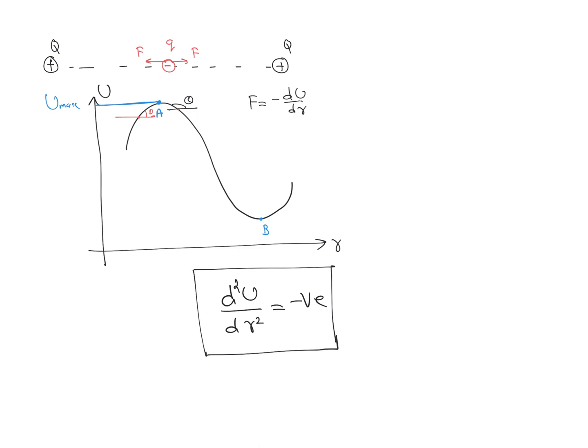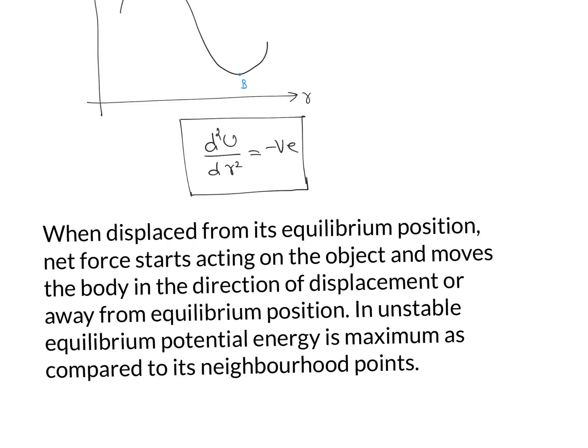Remember that in unstable equilibrium, when displaced from its equilibrium position, a net force starts acting on the object and moves the body in the direction of displacement, away from the equilibrium position. And in unstable equilibrium, potential energy is maximum as compared to its neighborhood points.